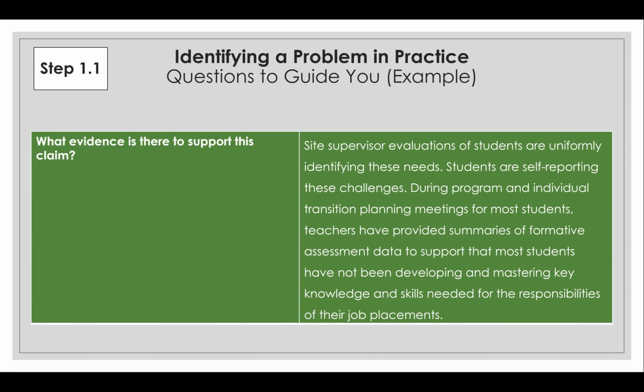What evidence is there to support this outcome? Thinking about it in terms of evidence to support and refute what we're saying. Site supervisor evaluations are uniformly identifying these needs. Students are self-reporting these challenges. During program and individual transition planning meetings, teachers have provided summaries of their formative assessment data for their students that show that most students are not developing and mastering these skills.